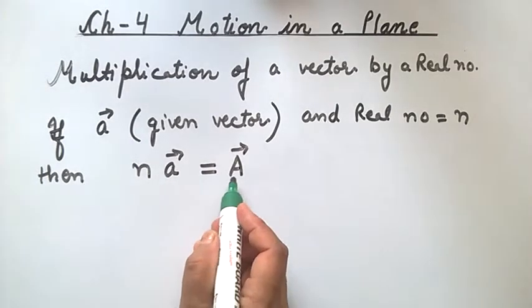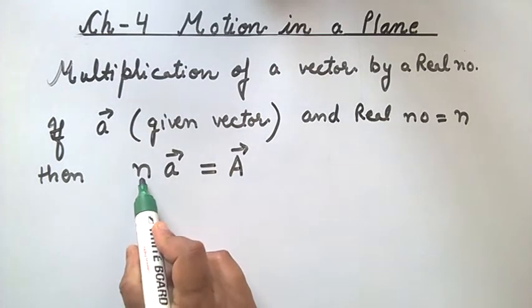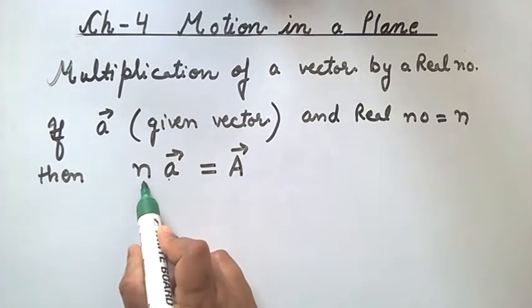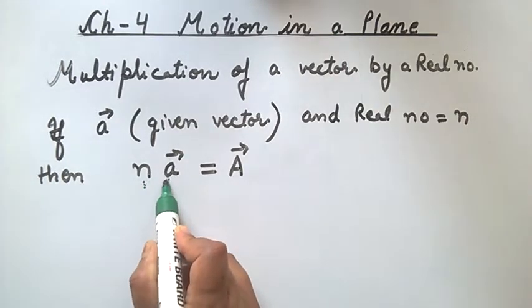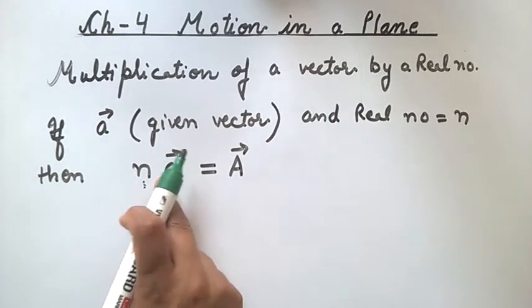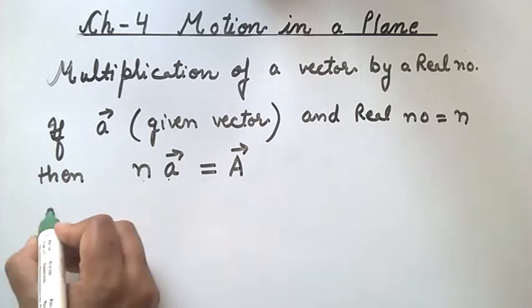Also, its direction depends on the real number which we are taking. It can be in the direction of the given vector, it can be opposite to the direction of the given vector. So let's see by the examples.